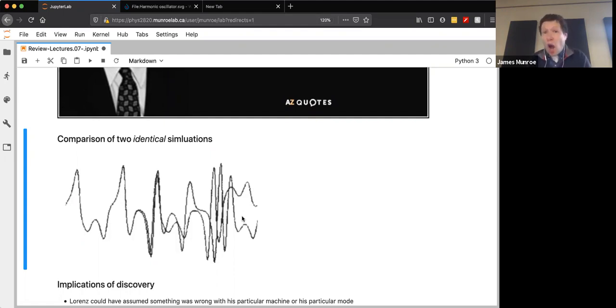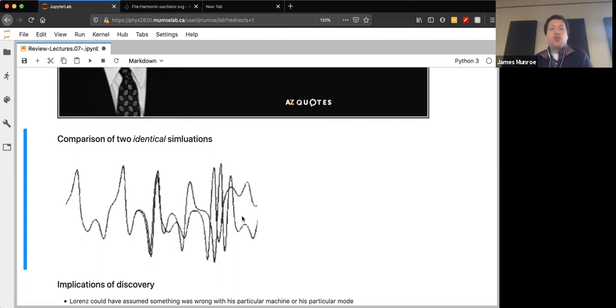Chaos does not mean complicated. Chaos does not mean lots of fluctuations. Chaos doesn't even mean random. So coin flipping, right? Flipping a coin is a random process. That's not chaotic. It's just random.